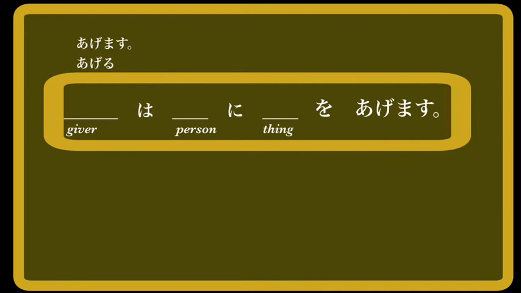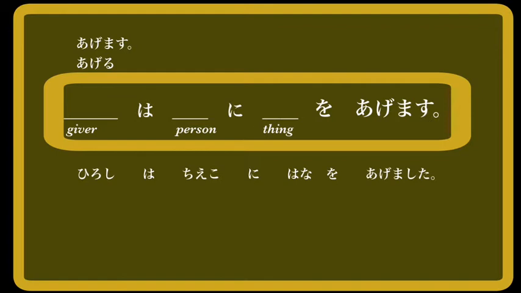If you want to include the person who's giving as well, we would talk about them using wa, because they are doing the action. The giver wa, the person ni, the thing o agemasu. For example, Hiroshi can be the person who's giving the gift. Chieko might be the girl who's receiving the gift, and Hana might be the gift.